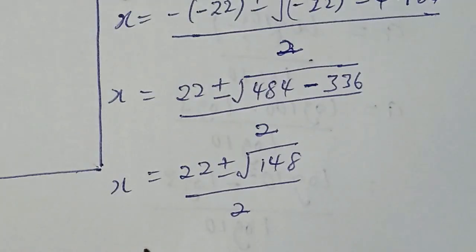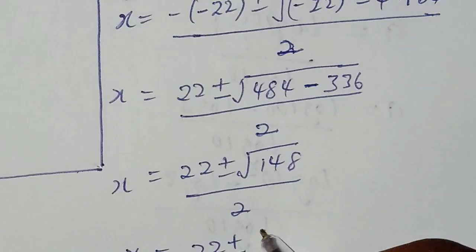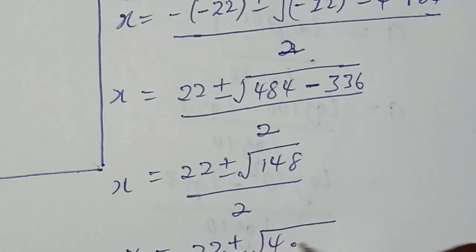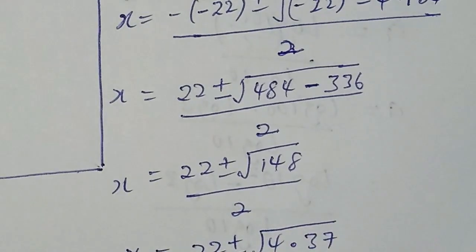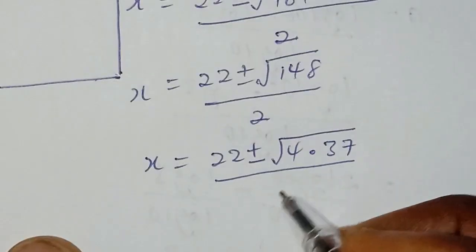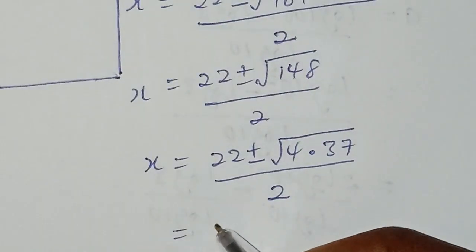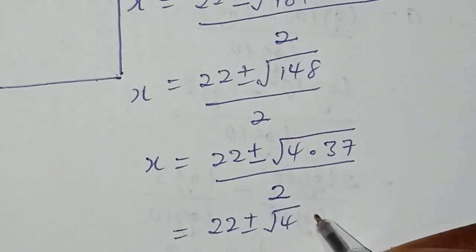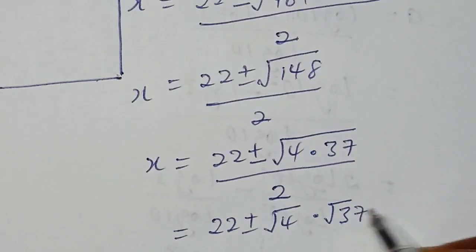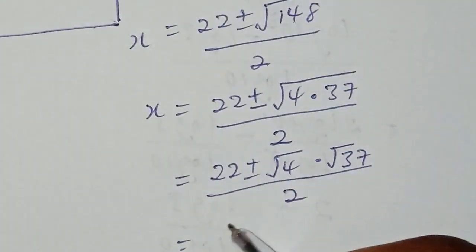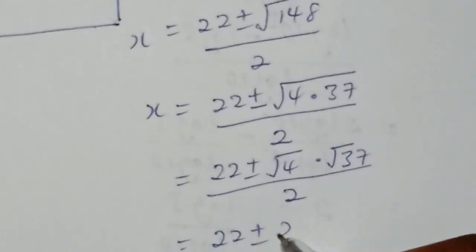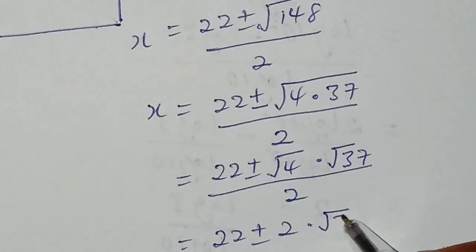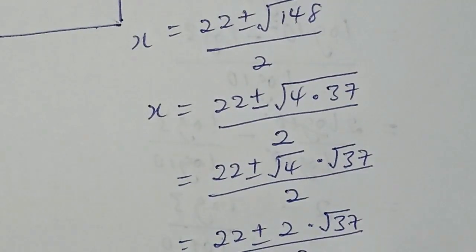We have x equal to 22 plus or minus square root of 4 multiplied by 37 over 2, and that can be separated as 22 plus or minus square root of 4 multiplied by square root of 37 over 2, and square root of 4 is 2, so 22 plus or minus 2 multiplied by square root of 37 over 2.